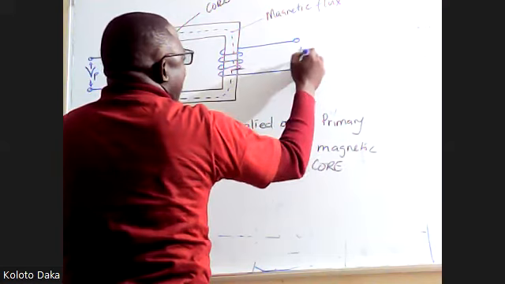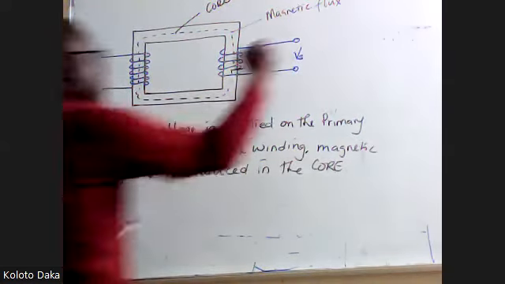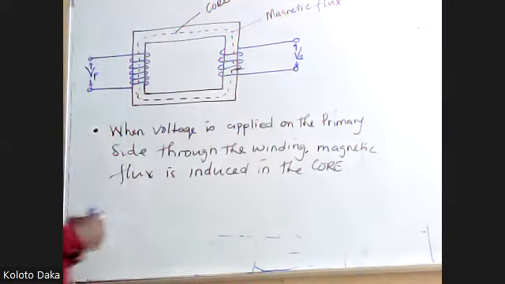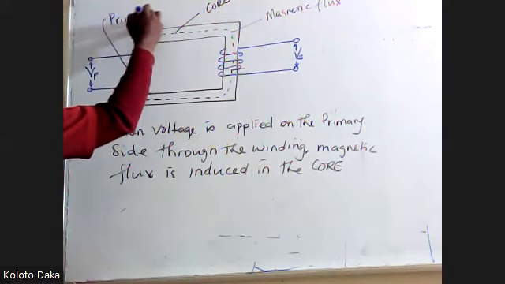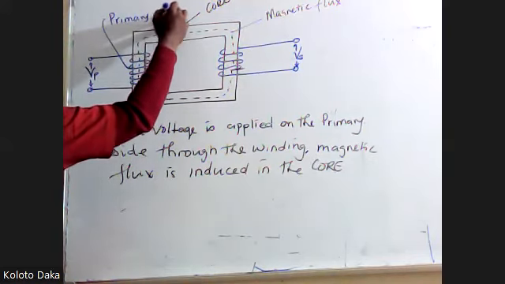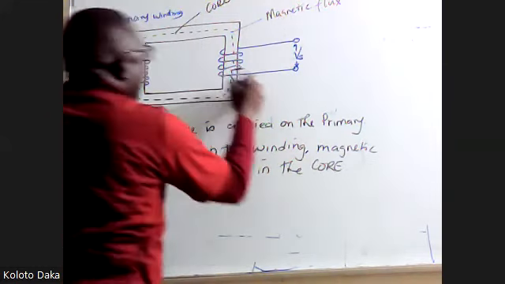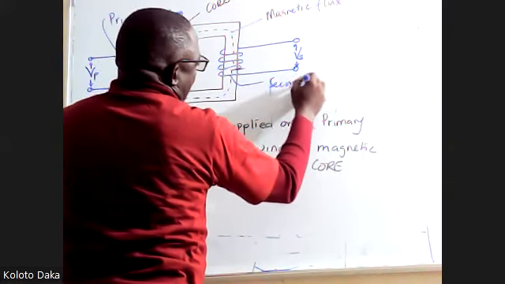You can record here primary winding, and then here, secondary winding.